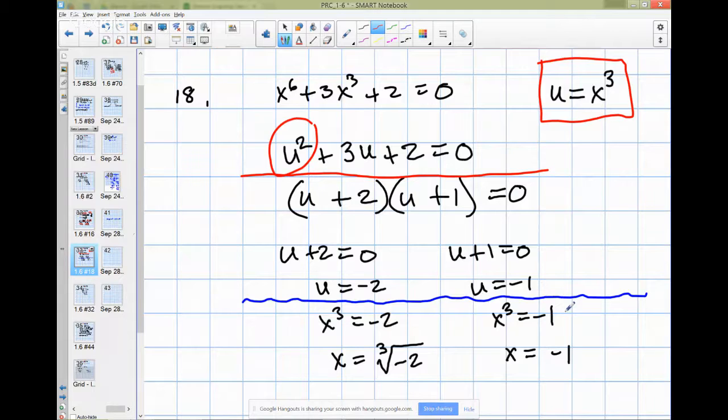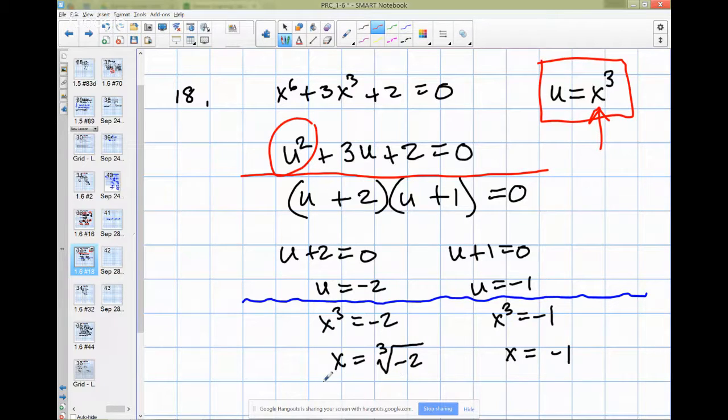So under the blue line, I call that back substitution. Every place we have a u, we're going to plug an x cubed back in. If u equals -2, we have x cubed equals -2. And over here, instead of u equals -1, we have x cubed equals -1. How do I solve for x? I have to take the cube root of both sides.